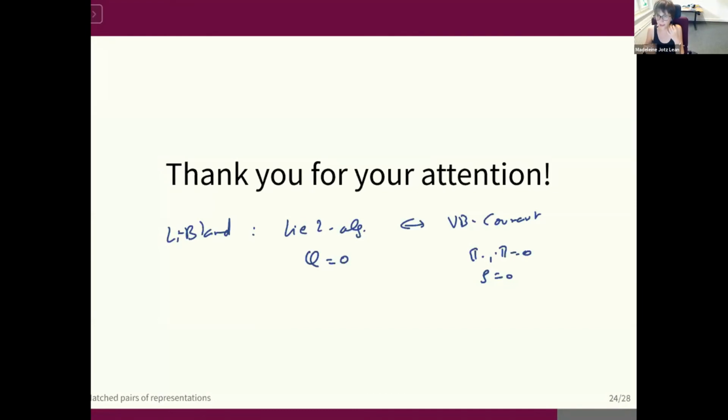But at the level of functions, I find it very difficult to understand what my functions on the Lie-2 algebroid are when you start from a VB-Courant algebroid, or what the sections of my metric double vector bundle are when you just start from a 2-manifold. So there is his proof.